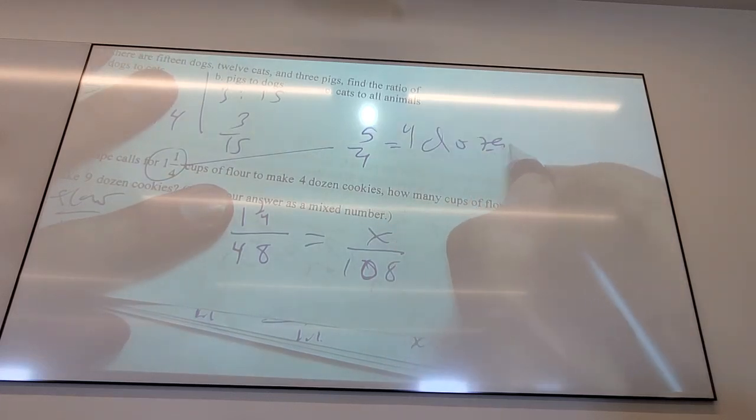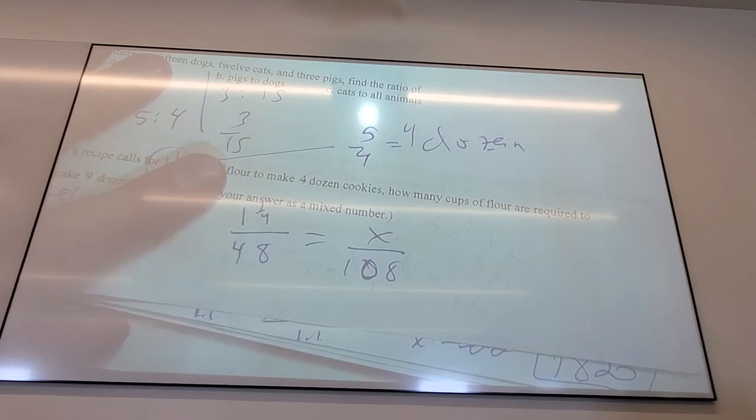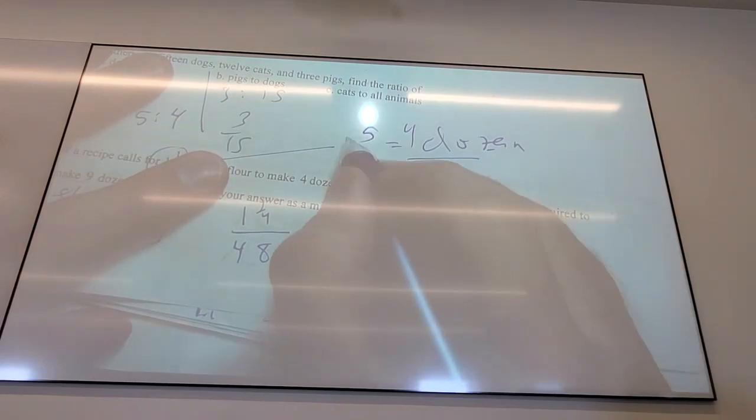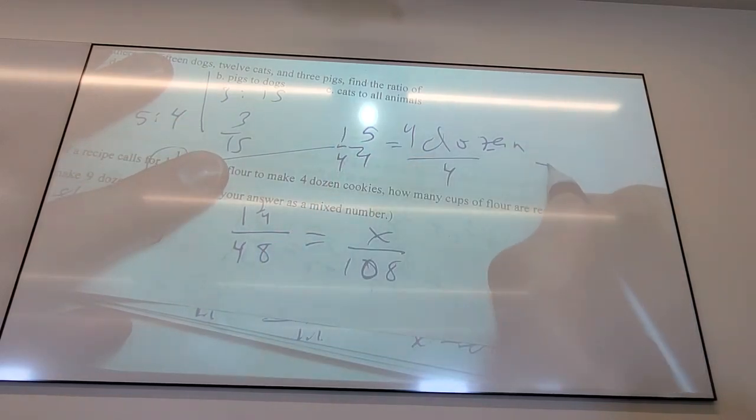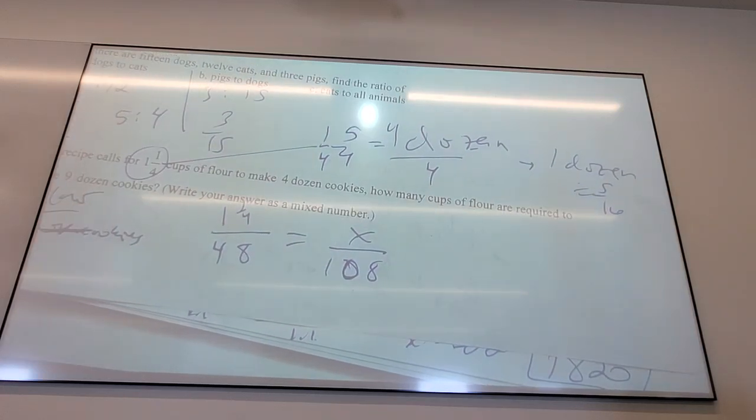So if I divide by 4, what's the same thing as dividing by 4? Multiplying by 1/4. So then 1 dozen would be 5/16. And then I just added that to the 2 1/2, the 2 1/2 you got from earlier. That's more like the way I would do it.